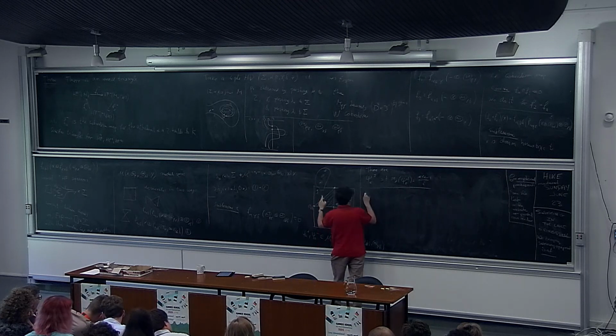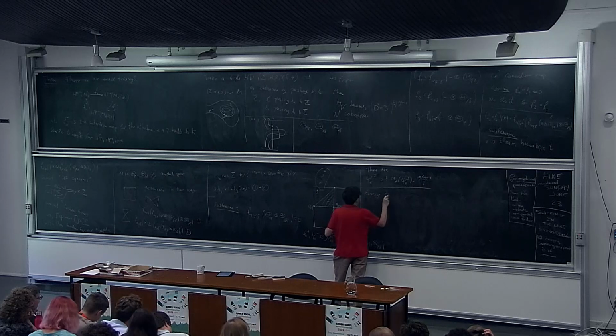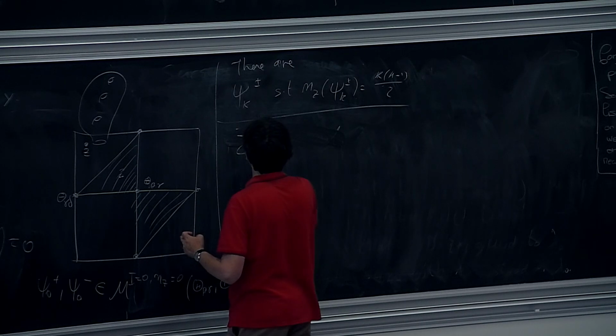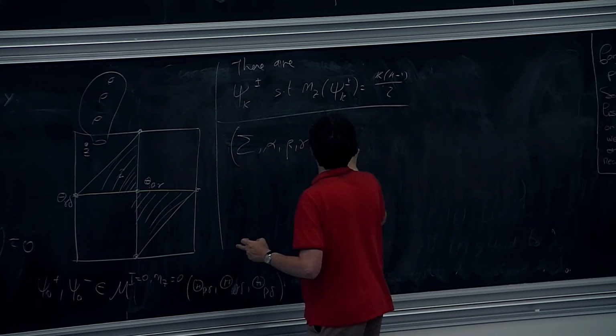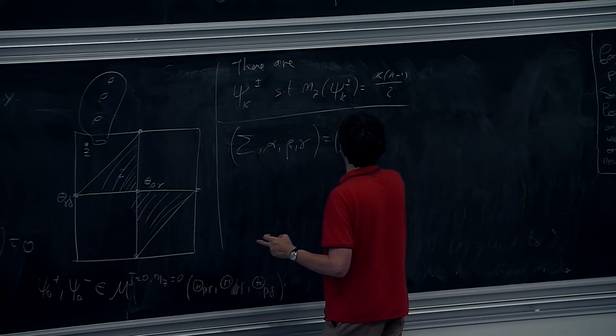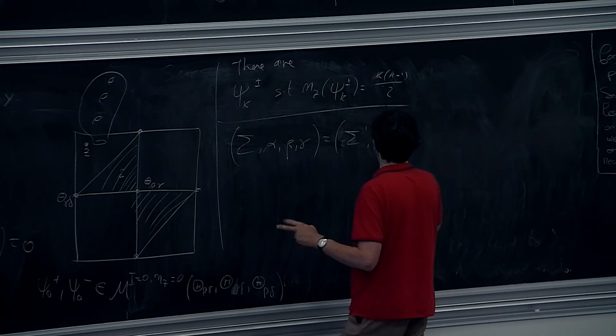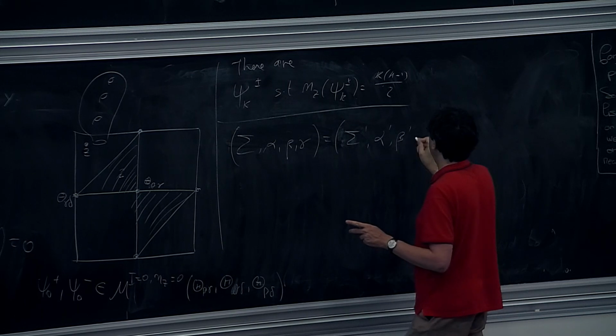So every triangle. So, but in this sense, we say that sigma alpha, beta, gamma is equal to, let me finish writing, otherwise it will confuse me, and then we ask.